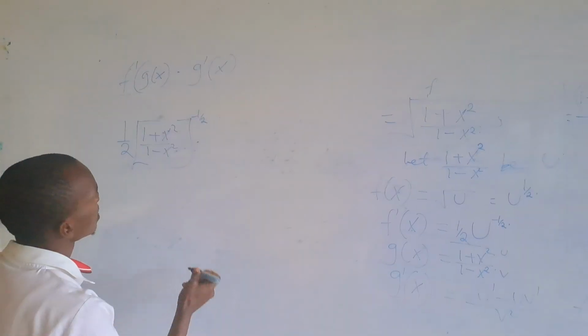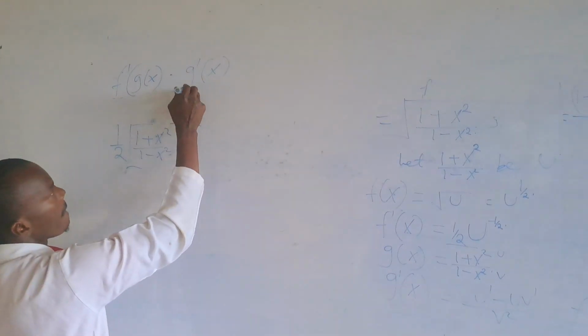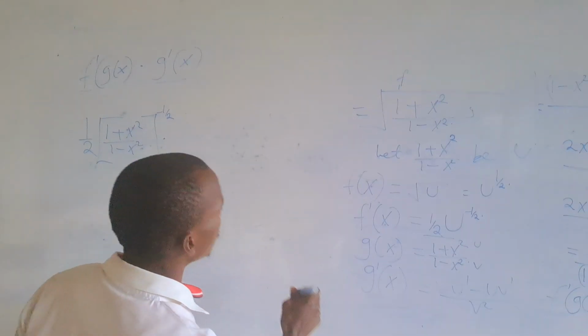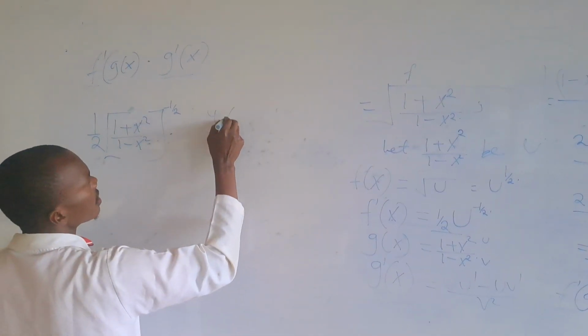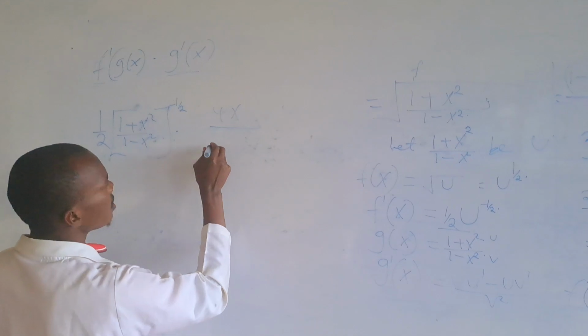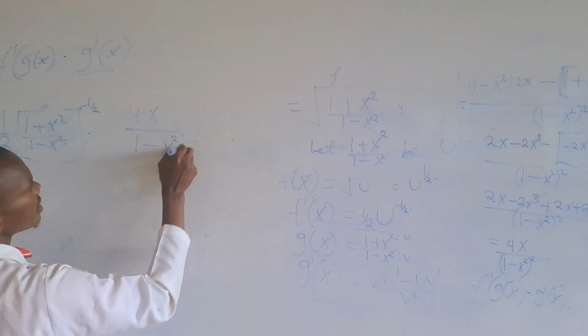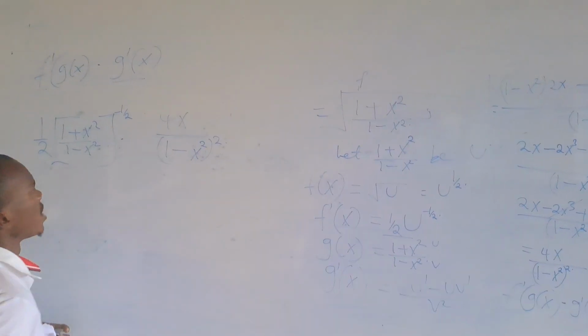Just simple as that. Then we multiply by that, which we got there to be 4x over 1 minus x squared, then we square that.